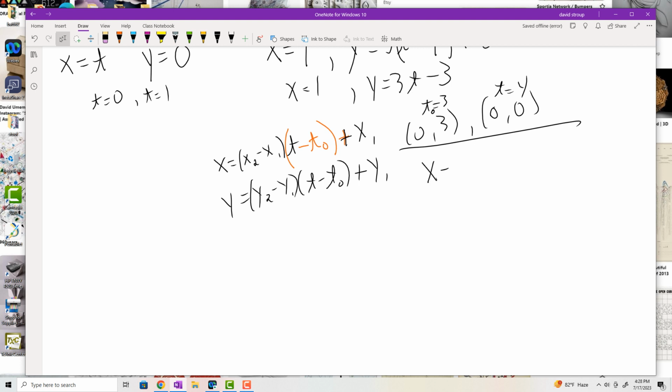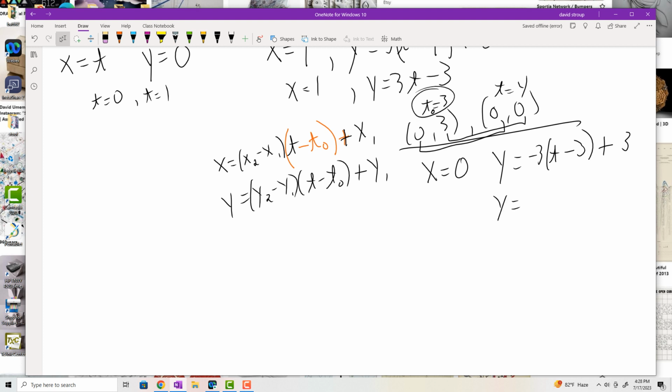So I'll have x equals x2 minus x1, which is 0, times t minus 3, which is just 0, plus x1, which is 0. And then y is going to be 0 minus 3, which is minus 3, times t minus t0, which is 3, and then plus my y sub 1, which is 3 as well.